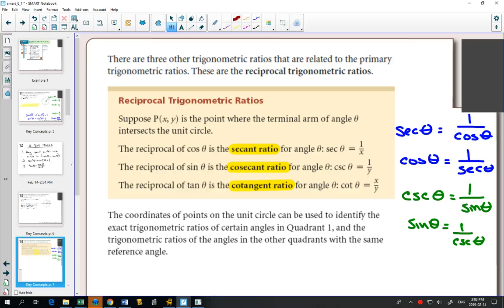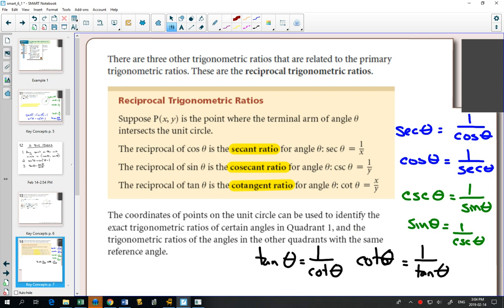These are easy to mix up because the one that starts with C goes with the one that starts with S. The one that starts with S goes with the one that starts with C. So you can easily mix them up. And finally, cotangent. Cotangent theta is equal to 1 over tangent of theta, which means that tangent of theta is equal to 1 over cotangent theta.